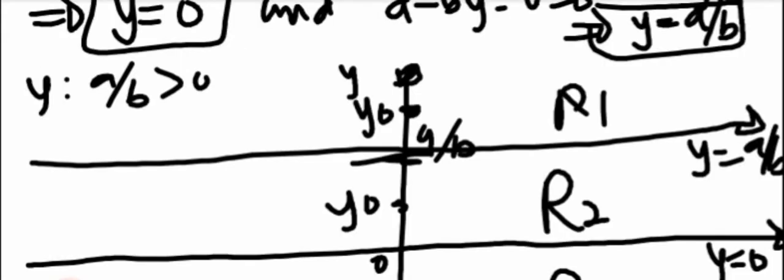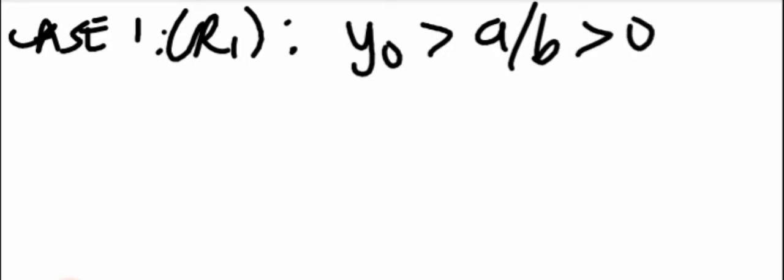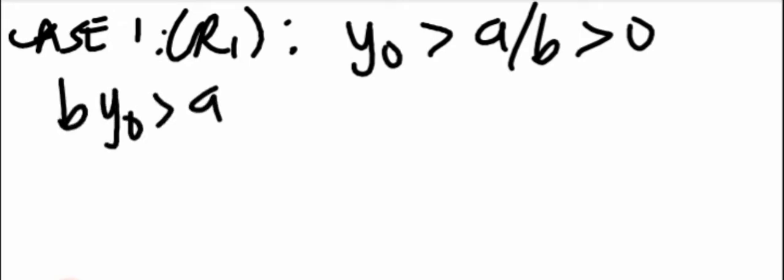So case 1 is in region 1. In case 1, what do we have? We have that y naught is bigger than a over b. So what does y naught bigger than a over b mean? You know that b is bigger than 0. It means that b y naught is bigger than a. I just multiplied through by b.